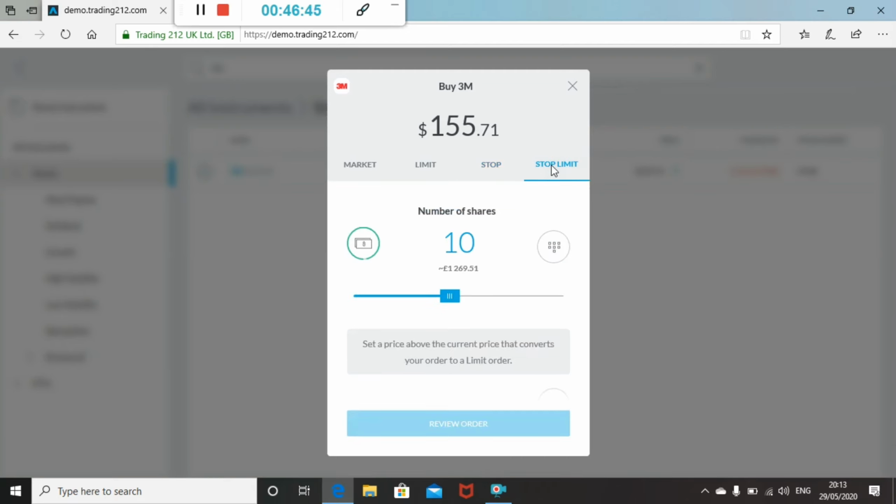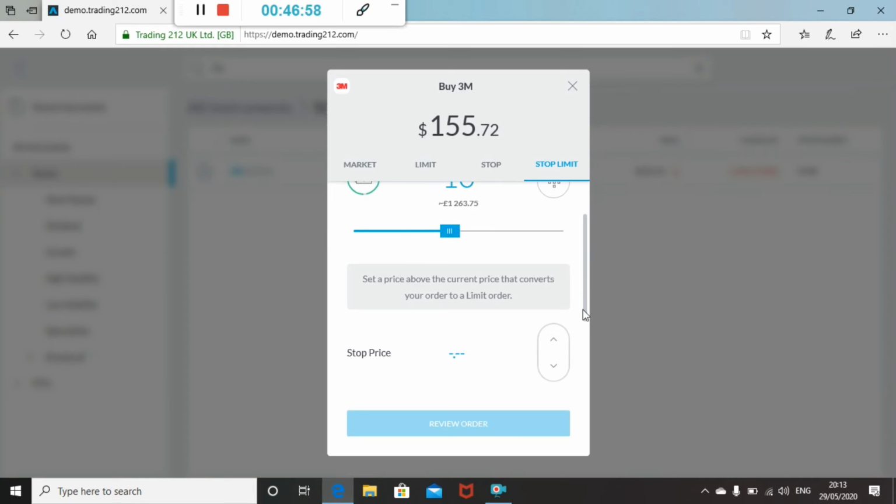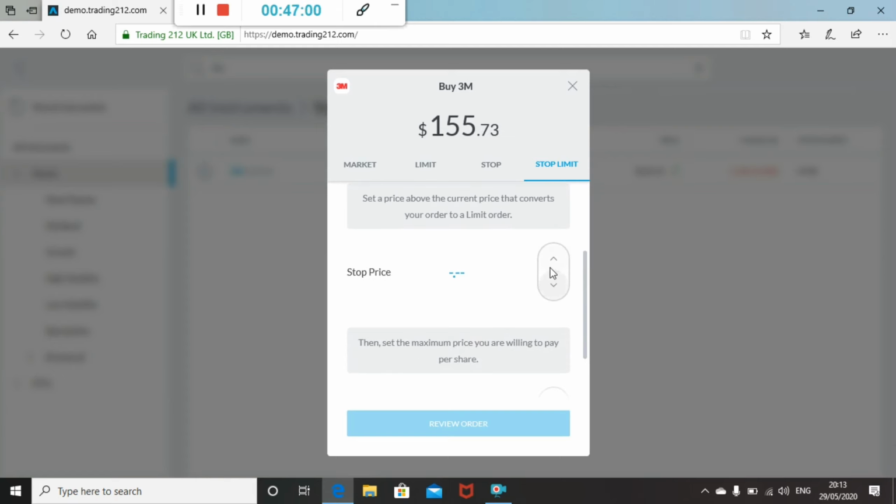And then finally, a stop limit order. So the stop limit order, again, we have 10 shares selected. It says here, set a price above the current price that converts your order to a limit order this time. So the stop price is going to be the trigger point. So let's say 156.